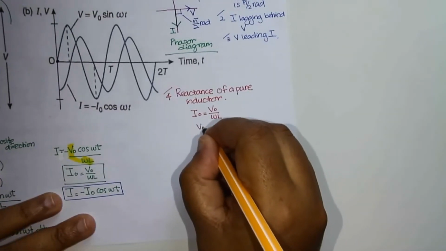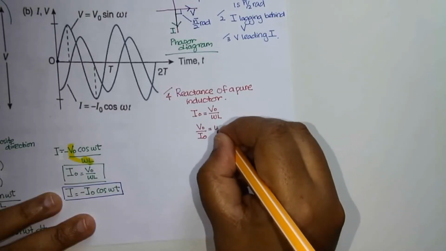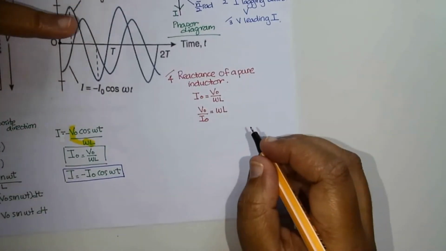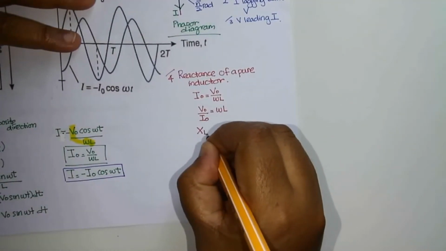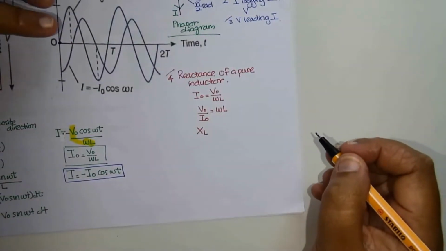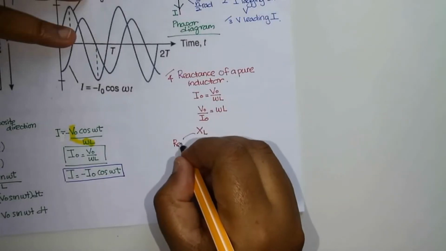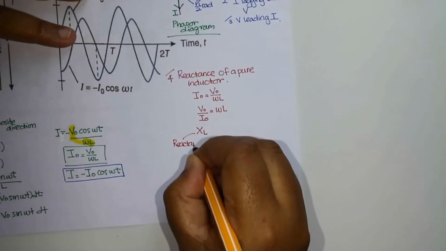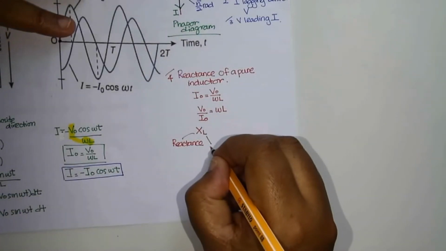So V naught over I naught is equal to omega L. Therefore, V naught over I naught is called XL. X is actually called reactance, and L is for inductor.